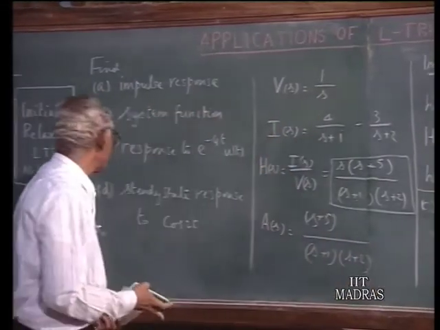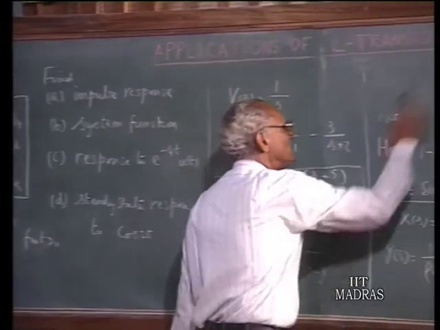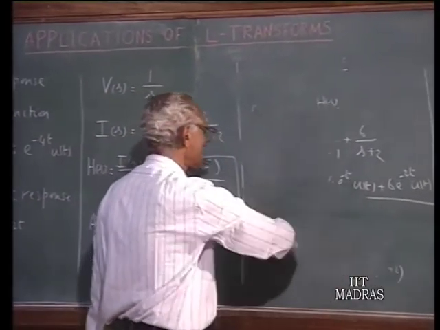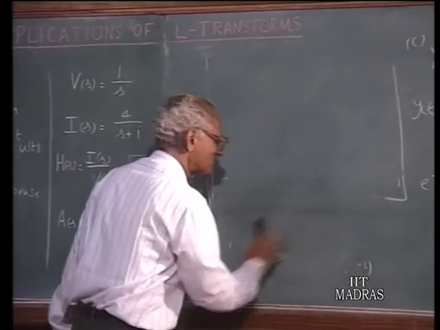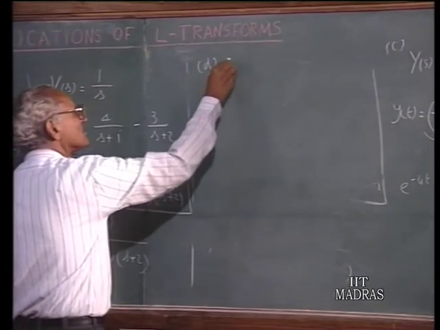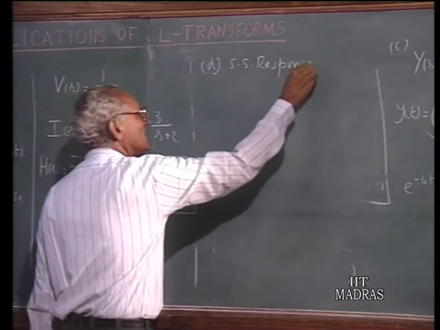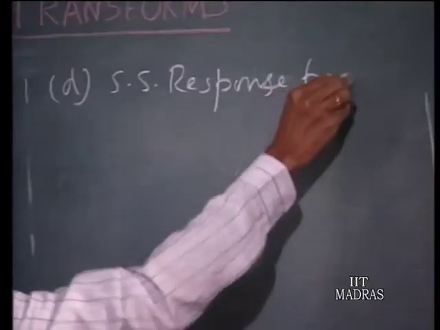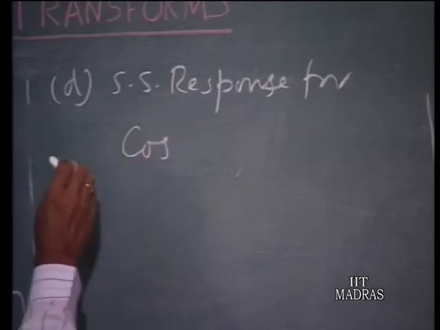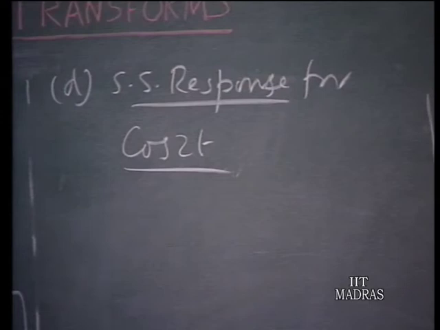The last part is, what is the steady state response for cos 2t? So, the input sinusoid has a frequency 2.